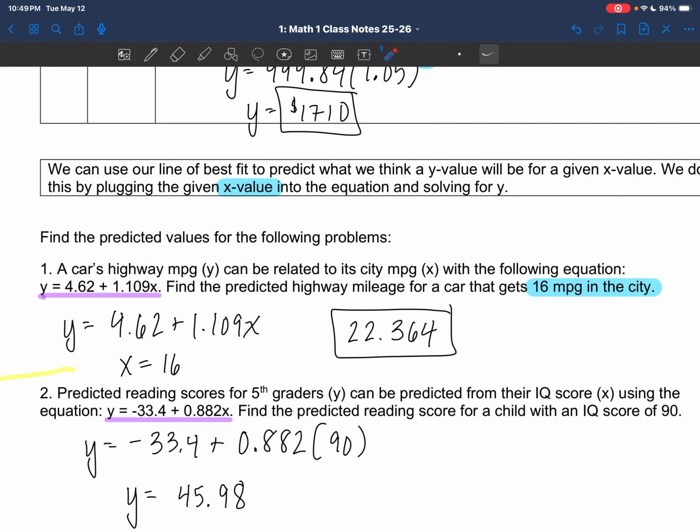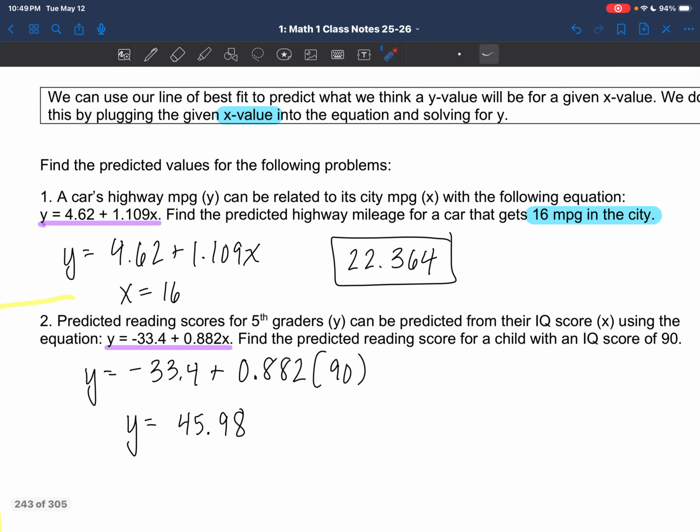You've got two options. You can either substitute in 16 for X and solve it, or you can go on Desmos and you can type in X equals 16, and whatever your lines intersect, that's going to give you your answer of 22.364 mileage for the highway.